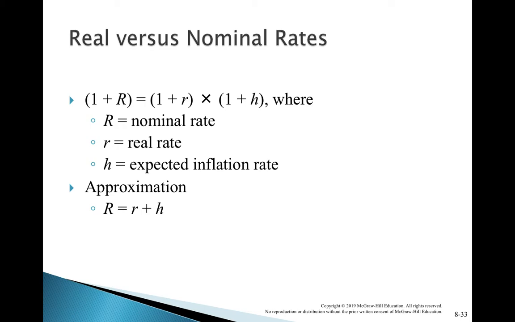If the real rate of return is 5% and the inflation rate is 2%, the nominal rate will be how much? 7%, by approximation. For example, in Saudi Arabia, real rate of return, for example, 1 to 2%, inflation, for example, 2 to 3%, then the nominal rate will be 1 to 2% plus 2 to 3%, which is around 4%.